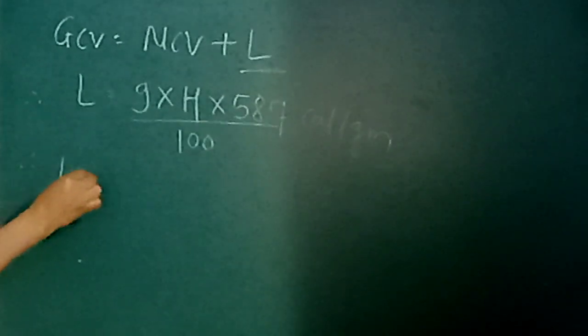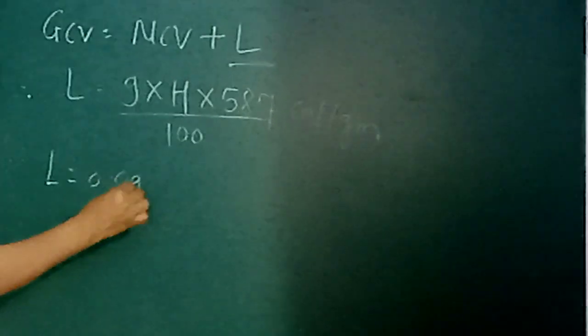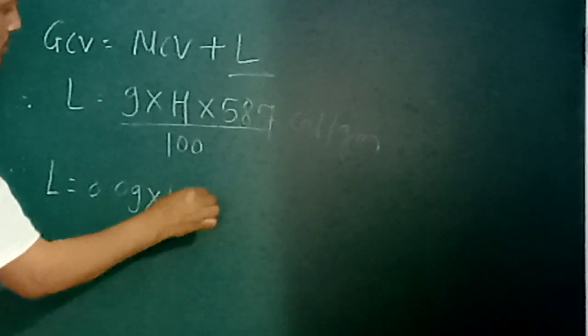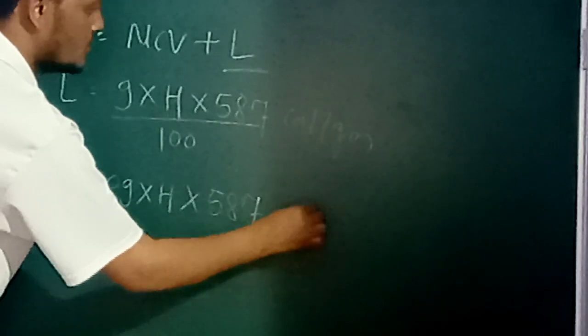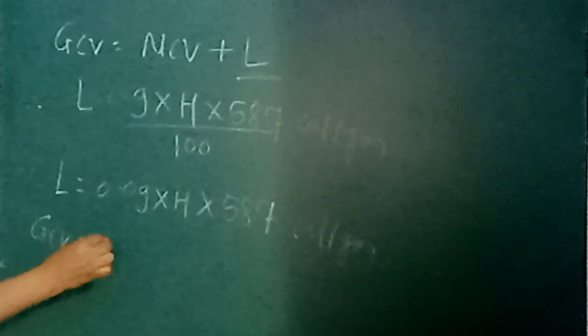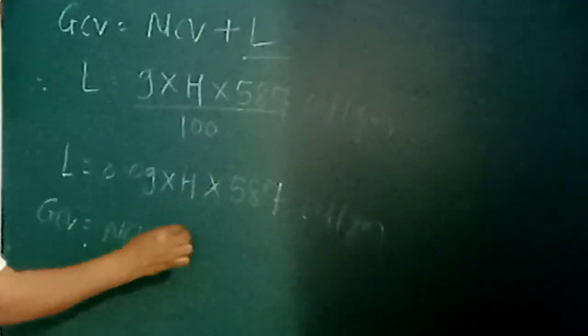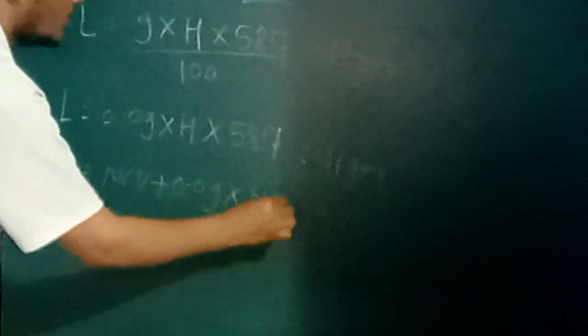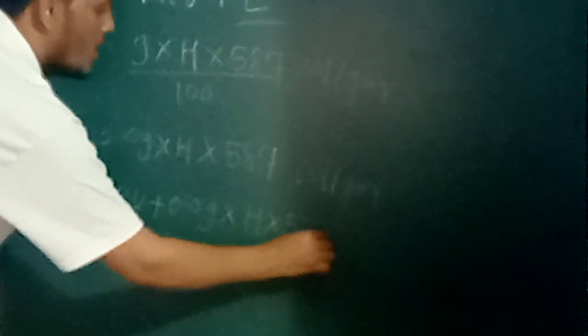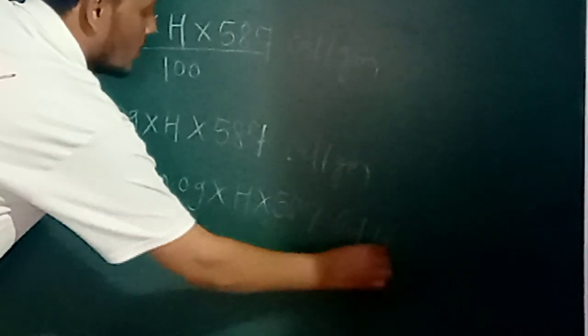Therefore this L is equal to 0.09 into percentage of hydrogen into 587, the unit is calories per gram. Therefore this equation becomes: GCV is equal to NCV plus 0.09 into H into 587 calories per gram.